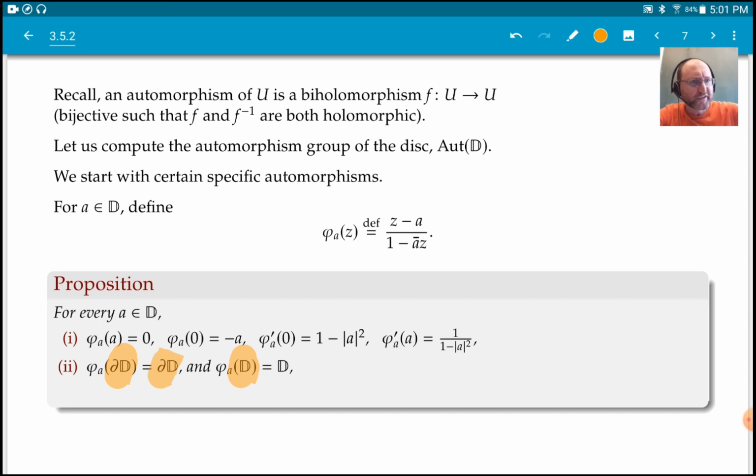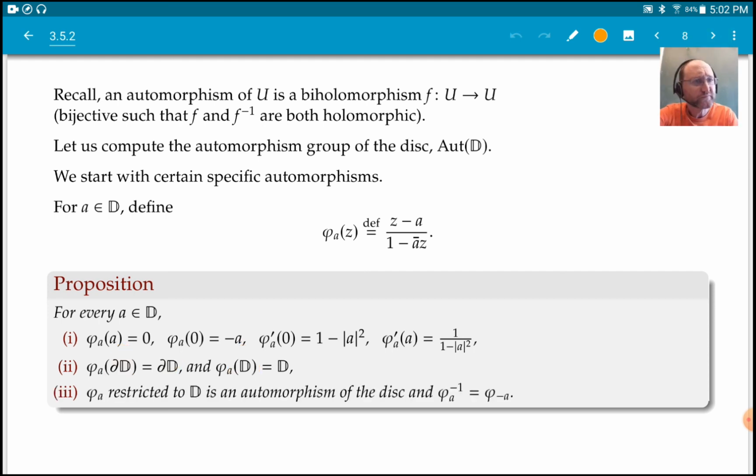It's a linear fractional transformation, so it is one-to-one. It's not constant. And this is actually not too hard to prove. You can prove that it's an automorphism by proving, which is just computation, that its inverse is phi sub minus A. That's going to actually be an inverse.